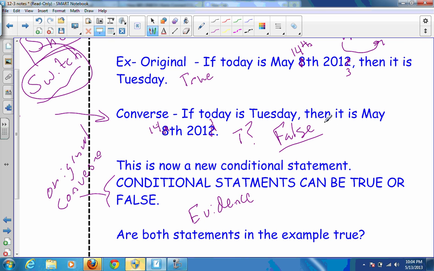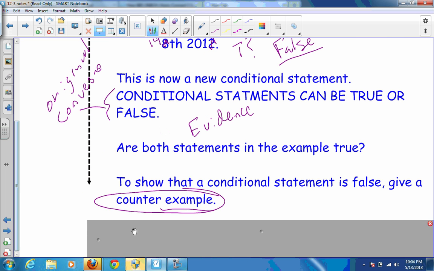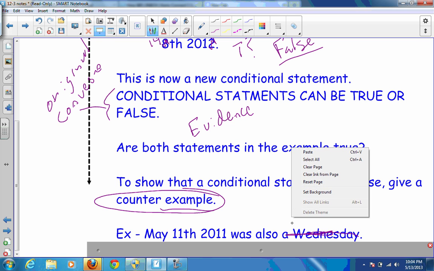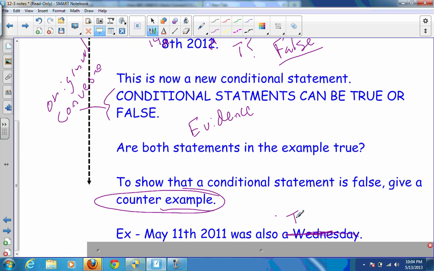That's false, and we can say that because on May 11th, 2011, it was also a Tuesday. I'm pretty sure that was a Tuesday, but you get the idea. You need to provide an example.